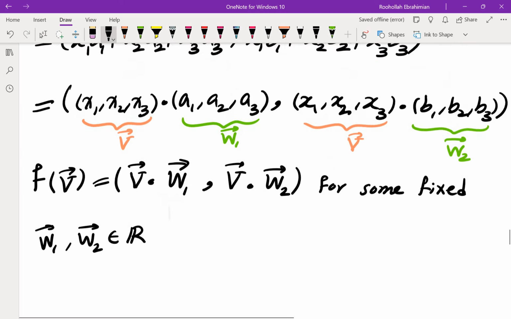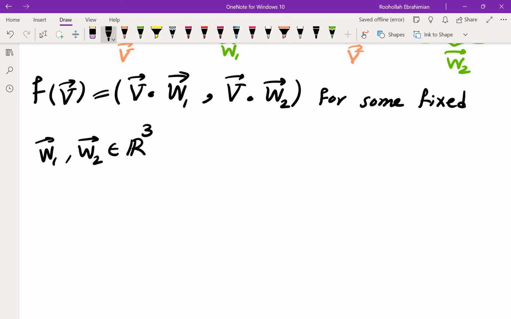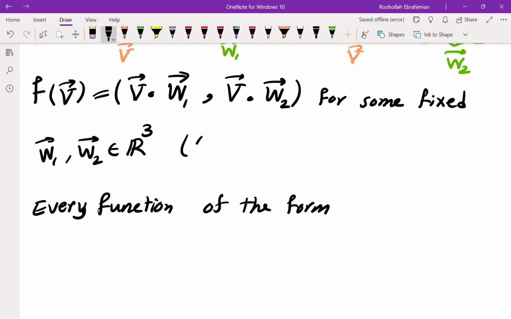So now, if you look at this, this is in fact linear. So every function of the form, I'm going to call this a star, star is in fact linear. Why? Because if I take two vectors, and this is again not very difficult to see, I'm going to show that using the theorem. So let x and y be in R3 and c be a real number.